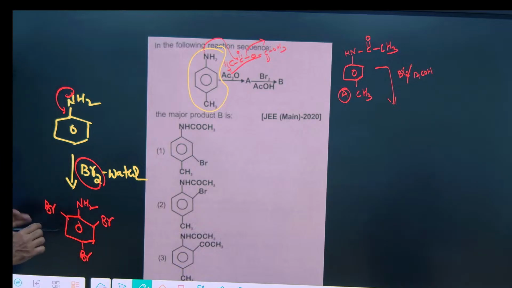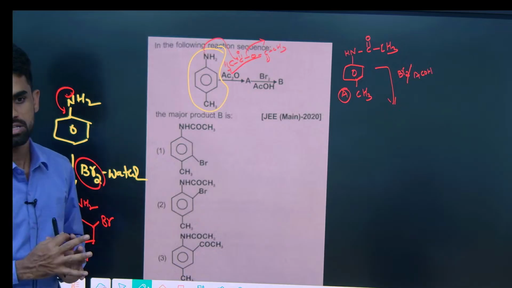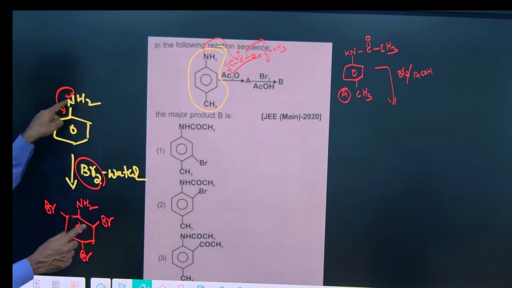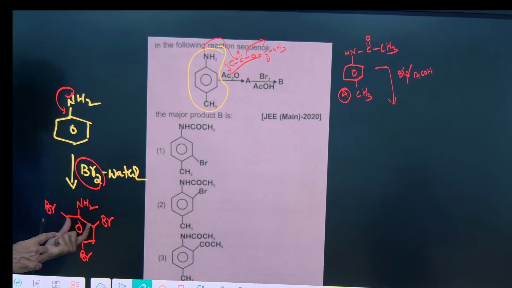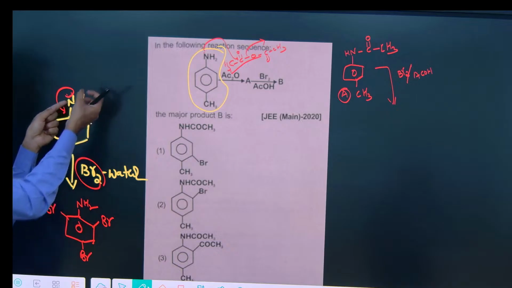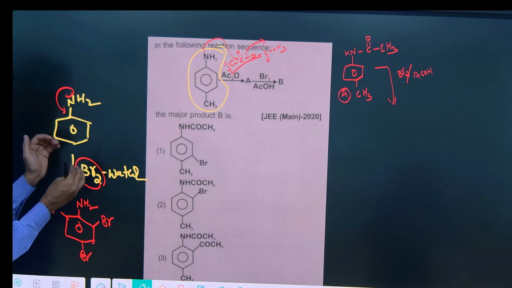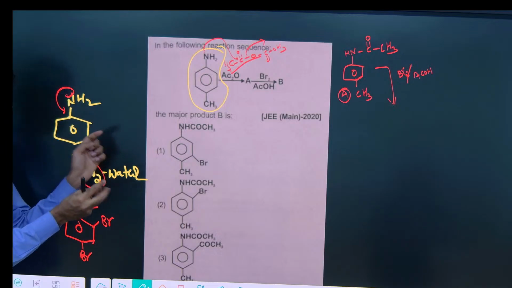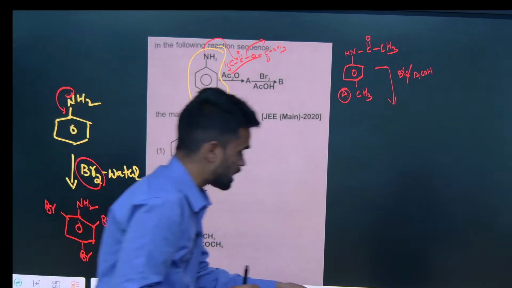But if I want to do bromination only at the para position, how can it be possible? Since it is activating the ring, the reaction is fast. But if I slow down or deactivate a little bit with this nitrogen, the reaction will slow down. So the electrophiles will go at ortho and para positions in a controlled manner. So I need to do a controlled reaction.